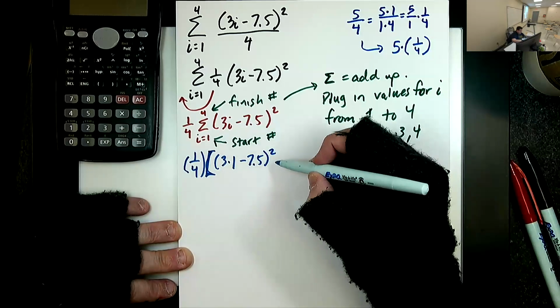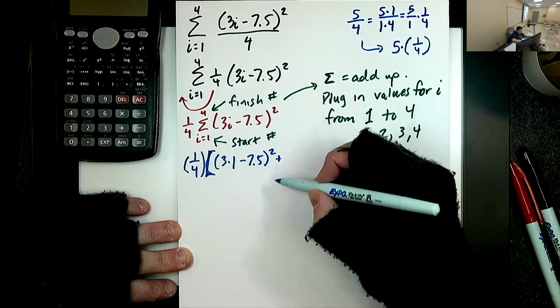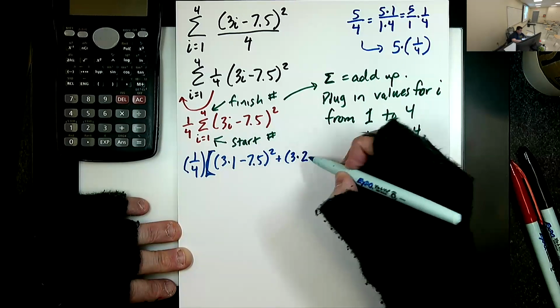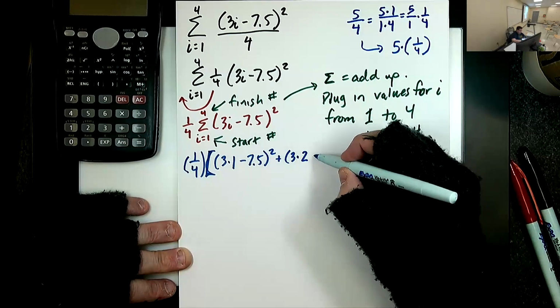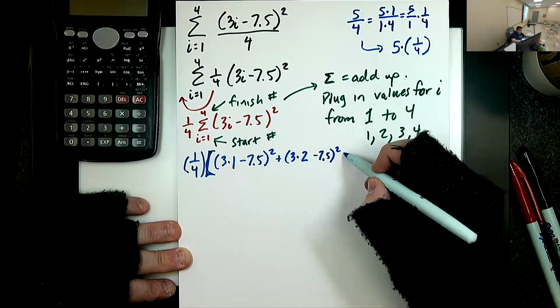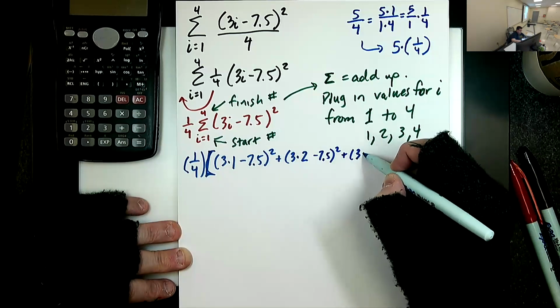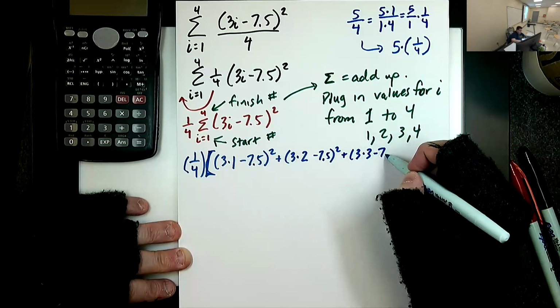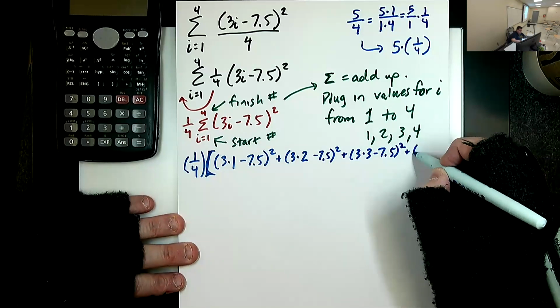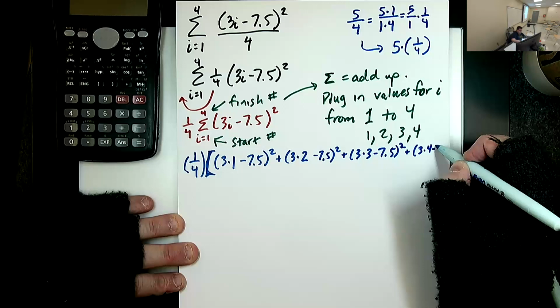And we're adding. The next one, that next i is 2, so we'll replace i with 2, minus 7.5 squared. And the next i is 3, so we'll replace the i, and it becomes a bit of a pattern here. You see that everything looks the same other than just one value.